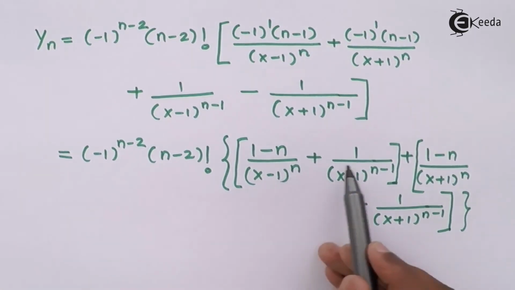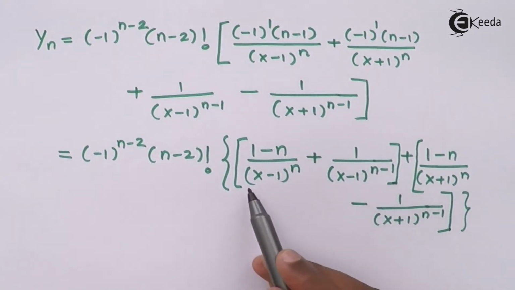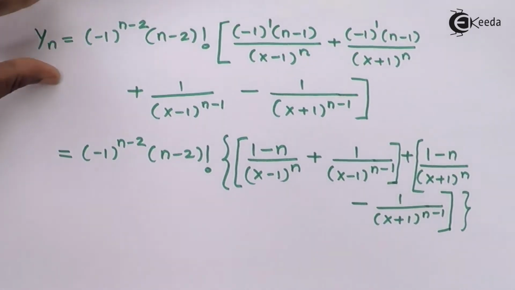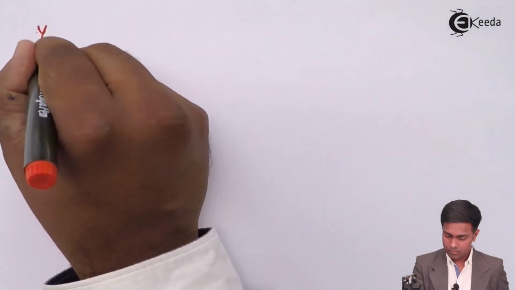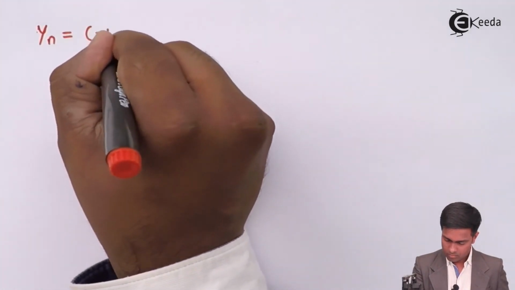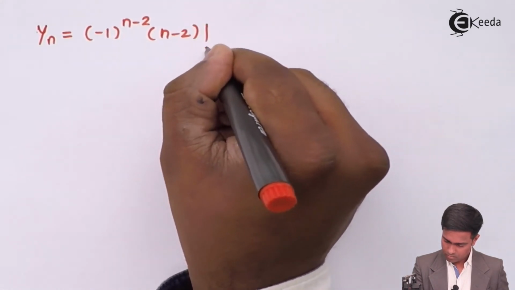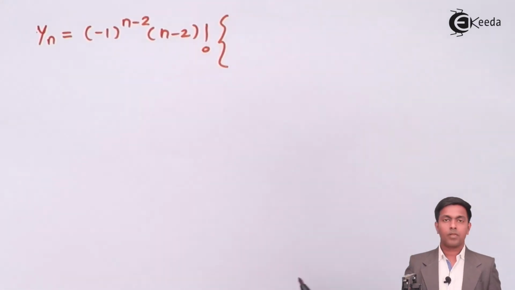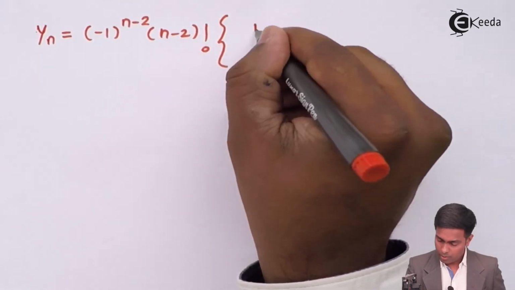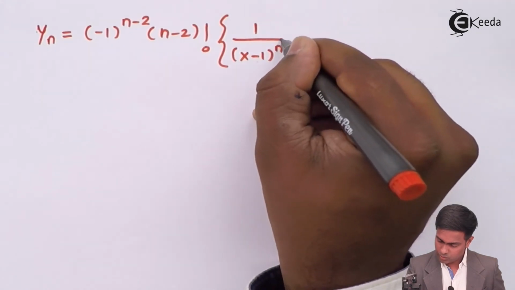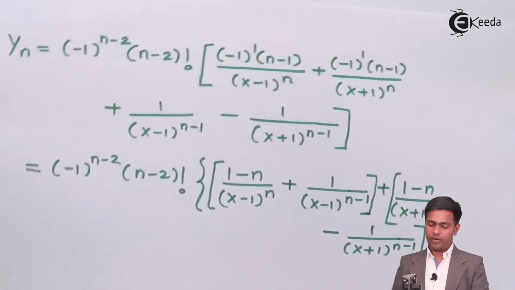So from these 2 terms, we can take (x minus 1) raised to n minus 1 common. So here I'll say 1 upon (x minus 1) raised to n minus 1 common. Now, why are we taking it common?